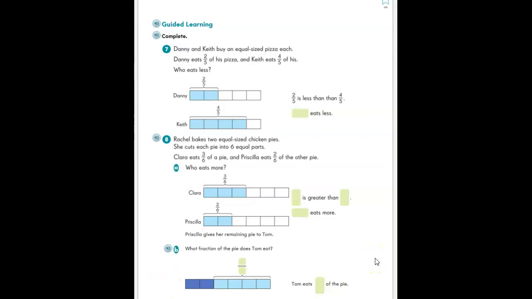Okay, and then down at the bottom it says Priscilla gives her remaining pie to Tom. So we can tell here that Priscilla only ate 2 pieces out of the total of 6, so it looks like she has 4 pieces left. Part B is asking us what fraction of the pie does Tom eat? And we can see that Tom eats 4/6 of the pie.